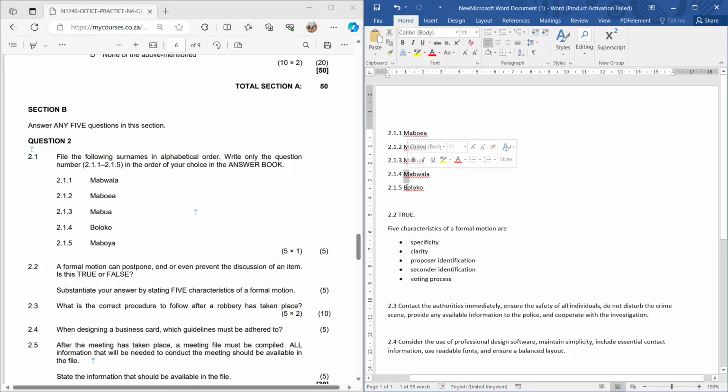So M will always come before B because our alphabetical order is in the descending variation form. Right, so if we were to rearrange this the other way around, your list would then begin with boloko, followed by mabuala, then mabua, then maboya, then maboa.